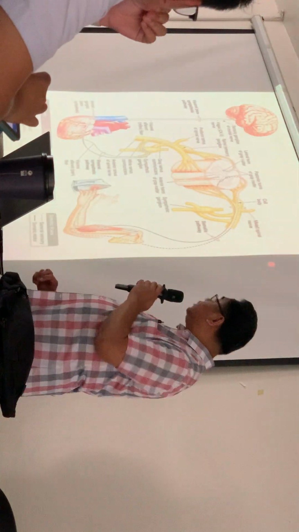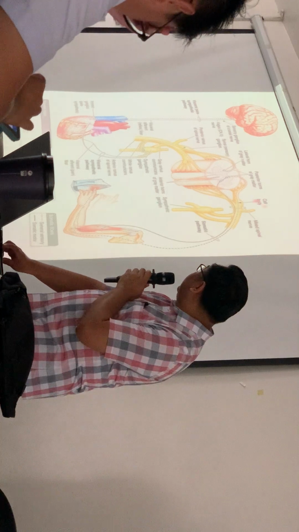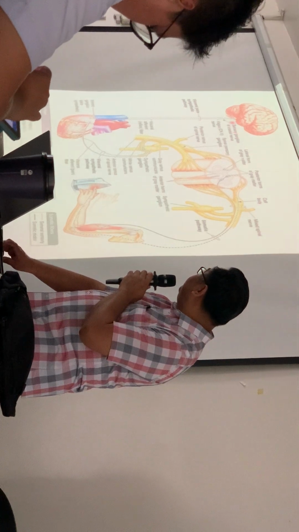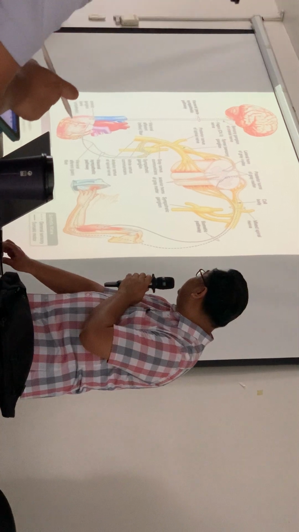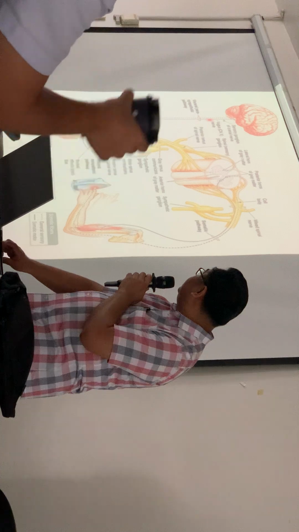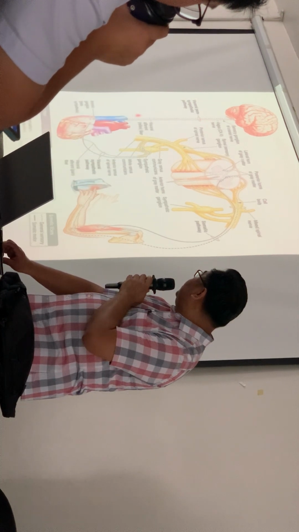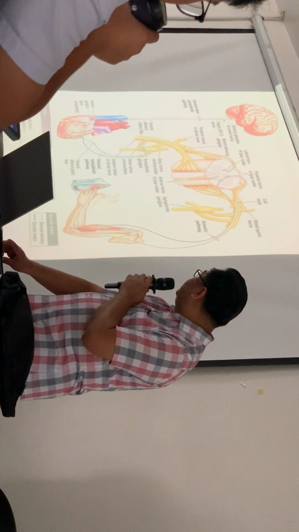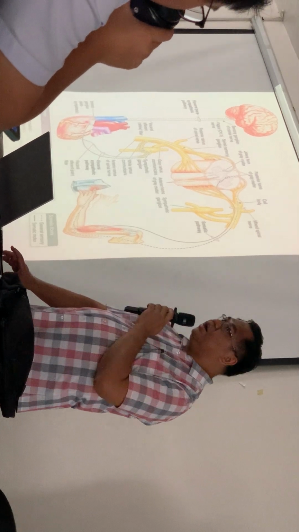Okay, so this is the autonomic nervous system. So again, it can come from the brain or the spinal cord. Here we have cranial nerves going out of the brain, sending signals to a ganglion here in the wall of the heart.